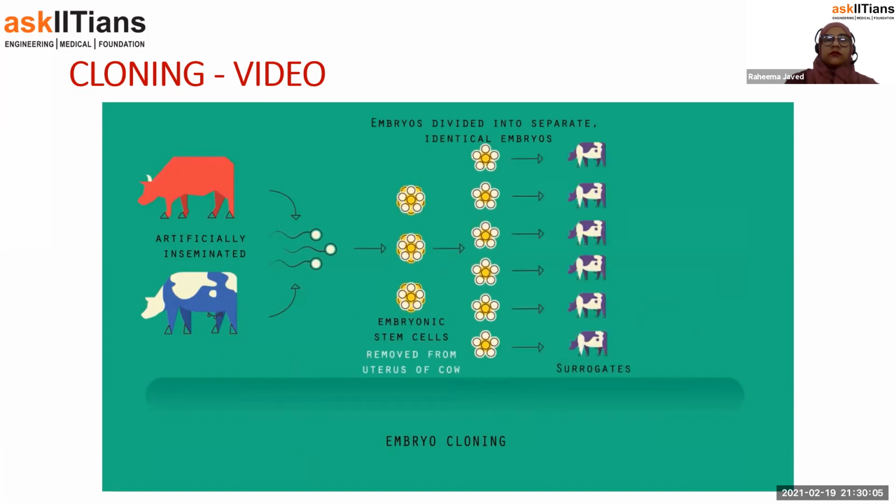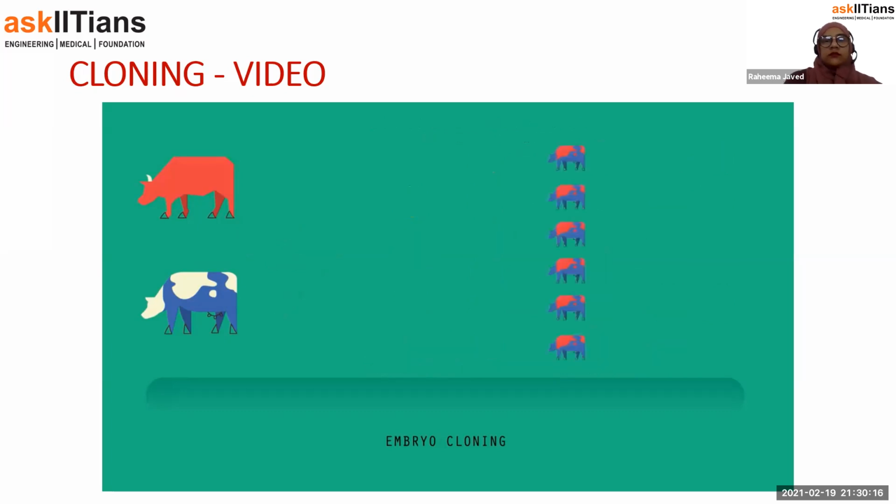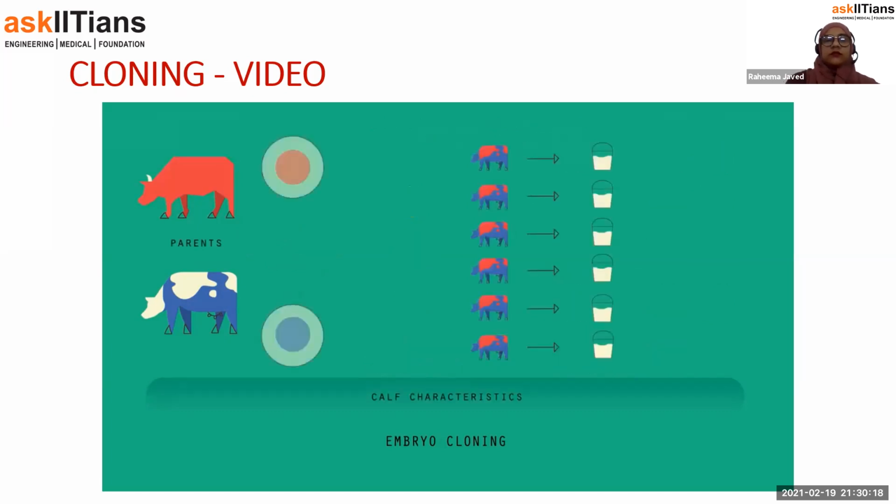These cows are surrogate cows. They are just being used to grow the embryos until they are born. The calves will be clones of each other, but not a clone of the mother due to the bull's sperm. Hopefully, the calves will have the characteristics that the farmer desires, but as sexual reproduction is involved and the genes from both parents are randomly mixed, there is always the chance that they won't.